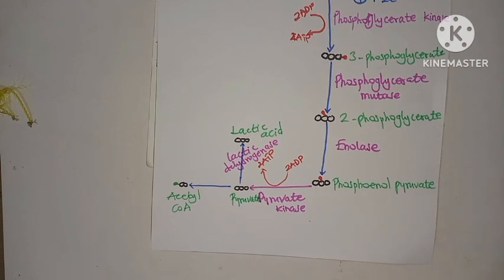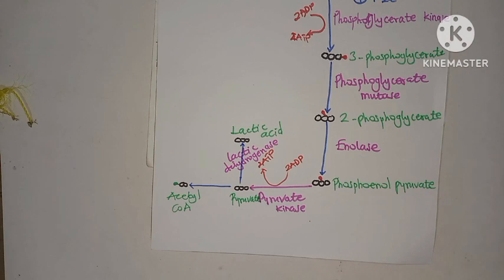In summary, glycolysis occurs in the cytoplasm, and glucose is the substrate. Glucose is brought into the cytoplasm and then phosphorylated to prevent it from moving back.